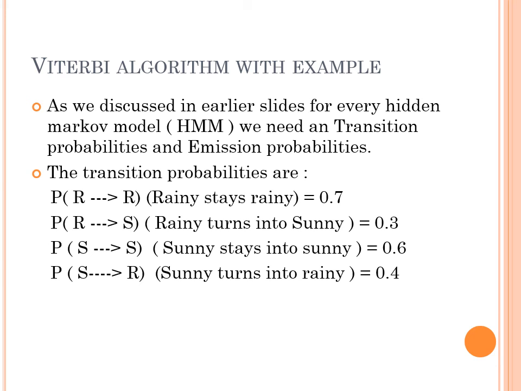Sunny stays sunny with 0.6, and again sunny turns into rainy with 0.4. If you see here, the probability of staying in the present state, rainy to rainy or sunny to sunny, is higher, at 0.7 and 0.6, whereas the transition to the other state is lower.